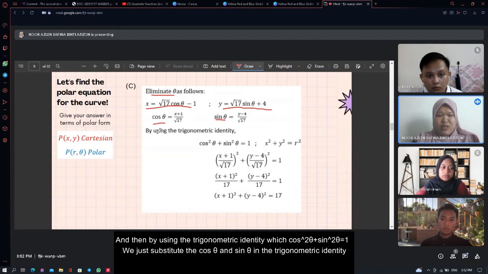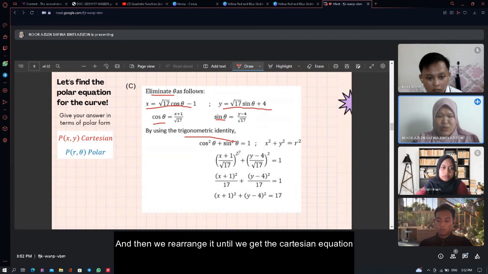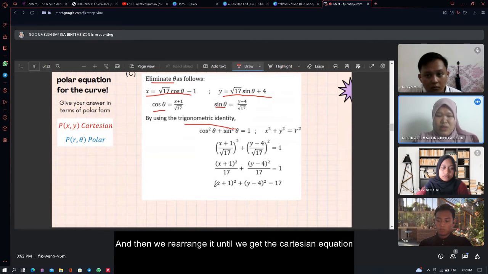Then using the trigonometric identity cos squared theta plus sin squared theta equal to 1, we substitute the cos theta and sin theta, and rearrange until we get the Cartesian equation, like this.